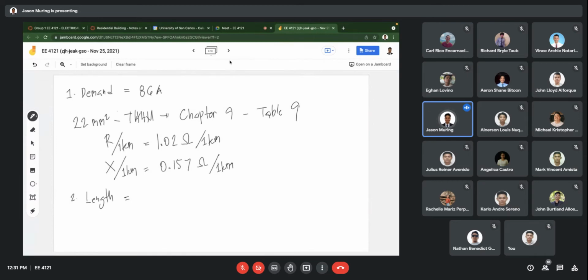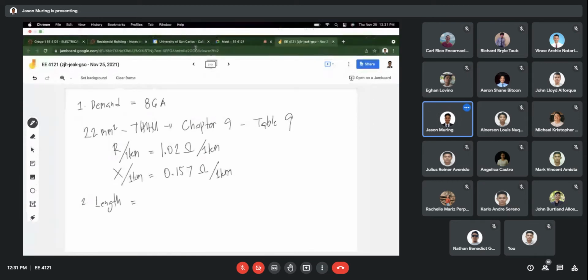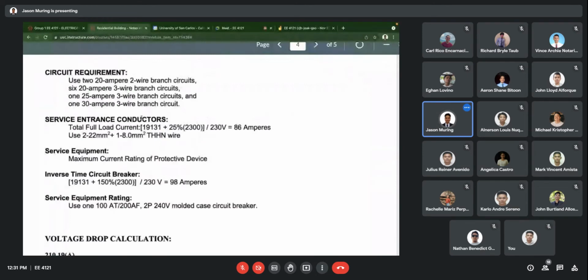In this case, we don't have the layout yet, so we have to assume. In your case, since you know the layout of your wirings and the dimensions, you can estimate the length of your conductors.